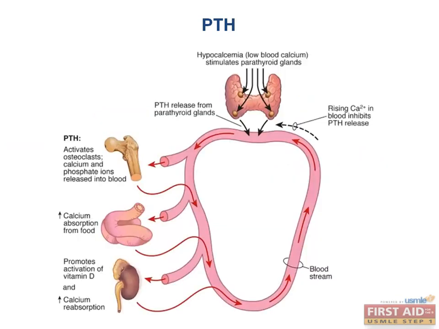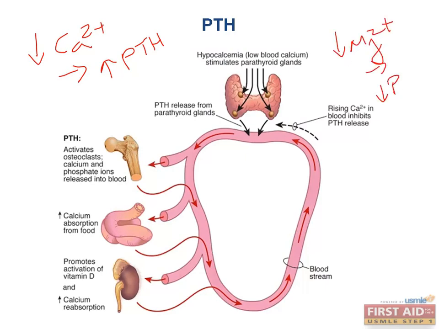Here's a diagram that illustrates all the effects that PTH has on the body. As you will see here, the regulation of PTH secretion is based on serum calcium levels. As you would expect, low serum calcium leads to increased PTH. Magnesium acts in the opposite manner of calcium, and if we decrease magnesium, we see a decrease in PTH.